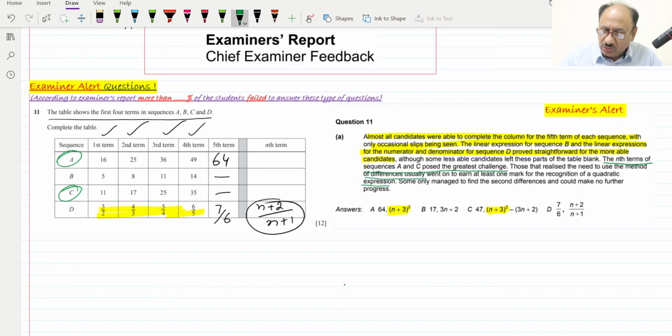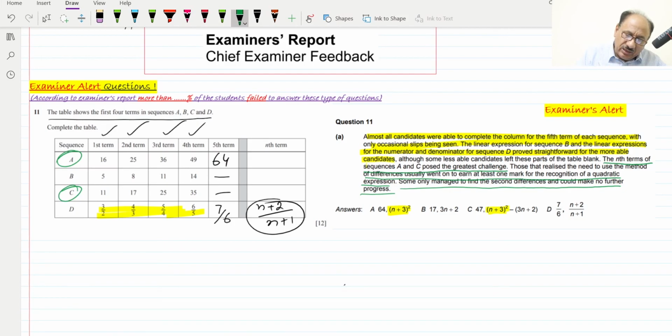So the students who used the difference method were able to score at least 1 mark. They couldn't mostly score the complete marks for this question. Some only managed to find the second difference and could make no further progress. So these two, basically A and C.